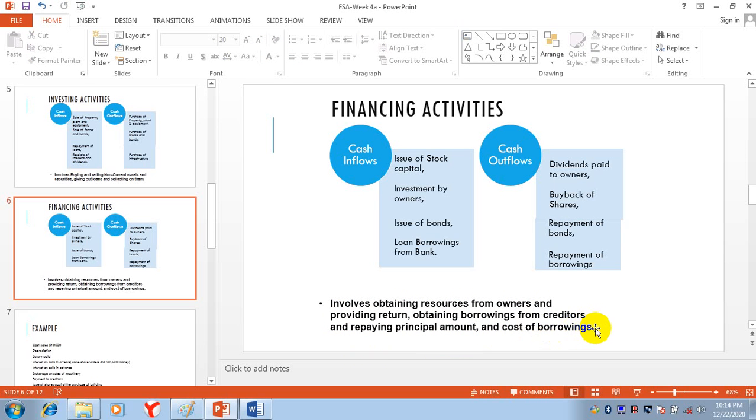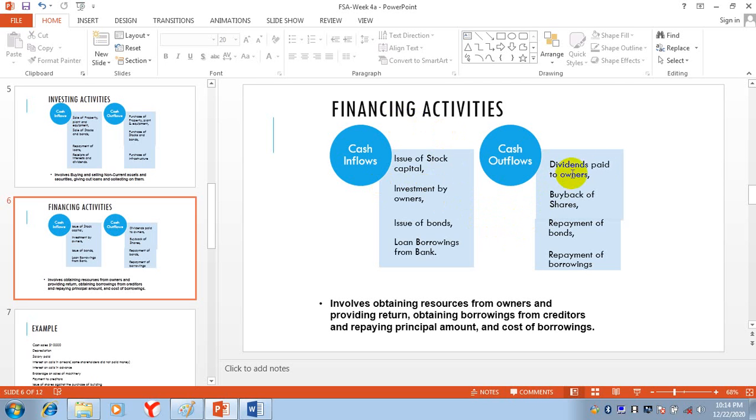Now here, all the sources of financing, all finances that we are getting from either shareholders, from either bondholders, or from bank. And then the repayment of these financing sources and the cost of these financing.